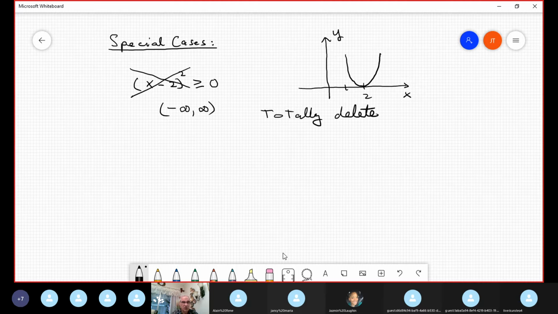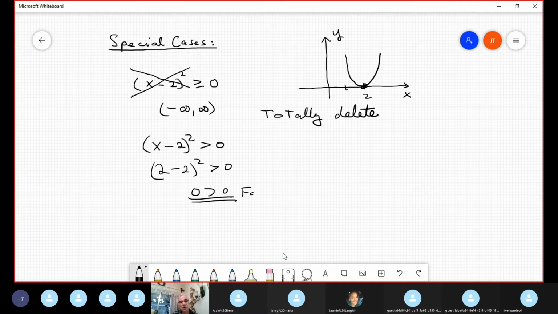Do you understand the idea? Because the parabola is always above the x-axis, the y value is always positive. What happens if you have (x minus 2) squared greater than 0 without the equal sign? No, it's not all real numbers, because specifically at 2 it is 0. Look at that. 2 minus 2 is 0, and you plug in x equal to 2: (2 minus 2) squared greater than 0 is 0 squared, which is 0, and we have a contradiction, right?